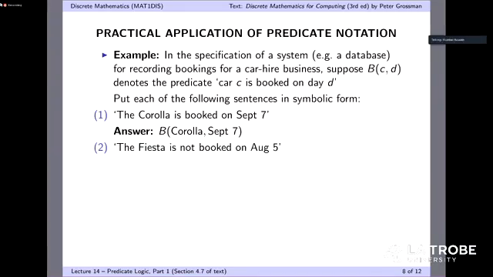Now, question: the Fiesta is not booked on August 5. What do you think of this?